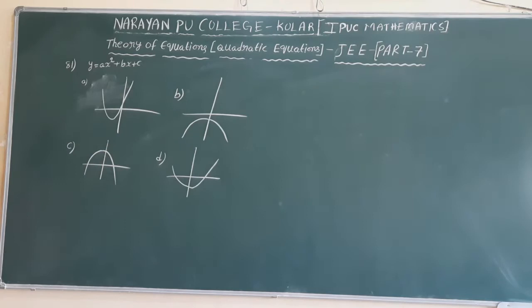Then for which of these graphs will the product of a, b, c be negative?